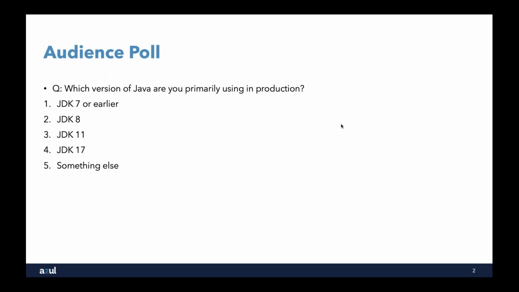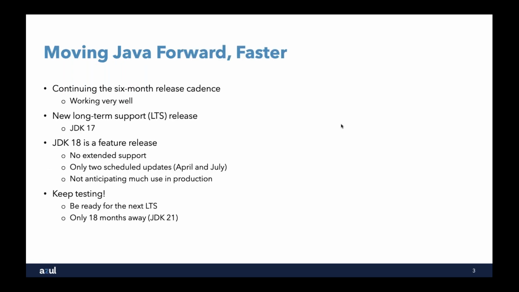Okay, so let's move back to the presentation material and start talking about what's new in JDK 18 and so on. First thing to talk about a little bit is the whole idea of how we're seeing Java evolve as a platform. And so I've said here, it's moving Java forward faster.